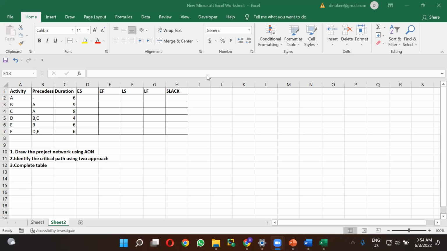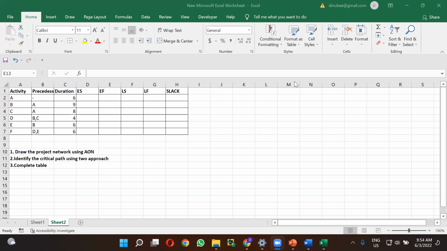So did you all write this exercise? Please come ready to explain to your friends how to draw this network and how you have calculated all these things, right? Please do it using Excel, and you can do it on paper also, but it is better to do it in Excel so you can share with the class and explain that.